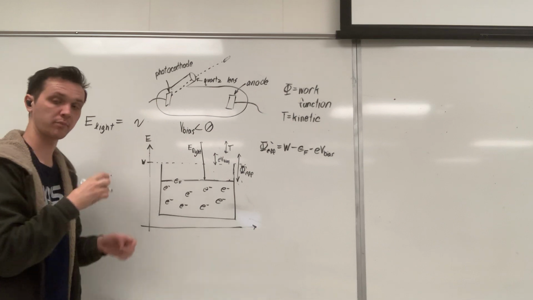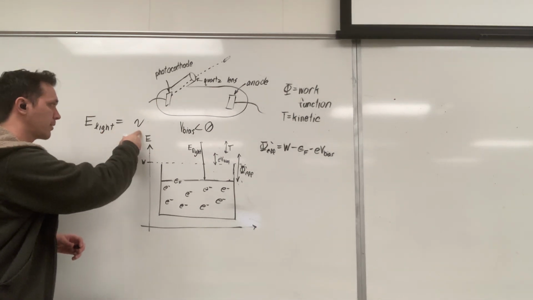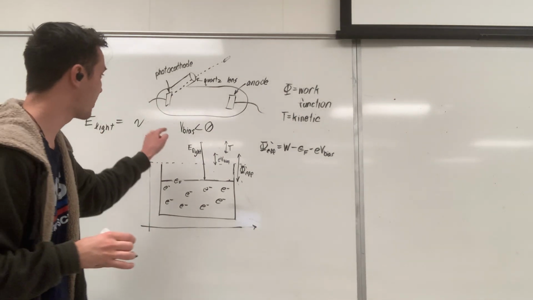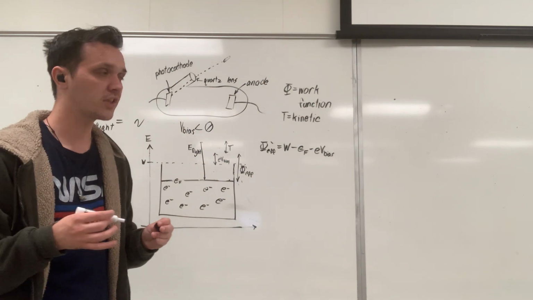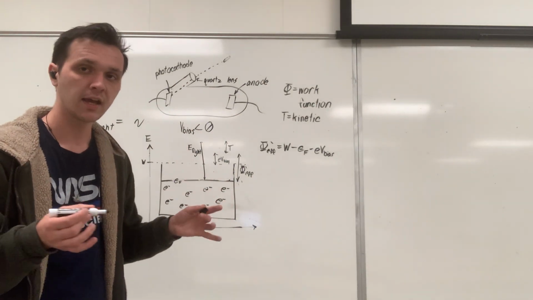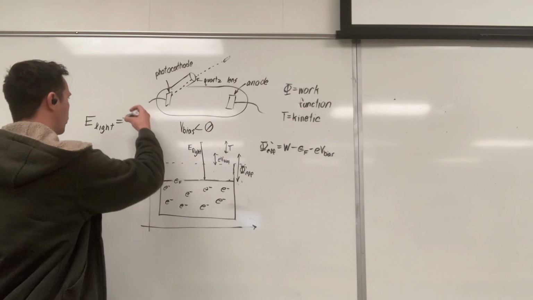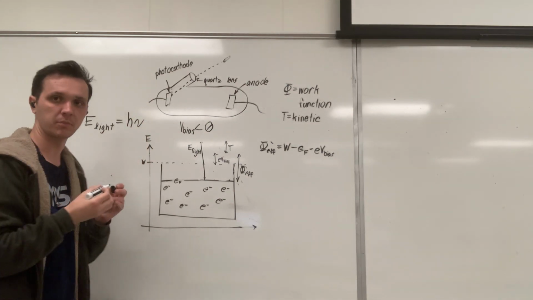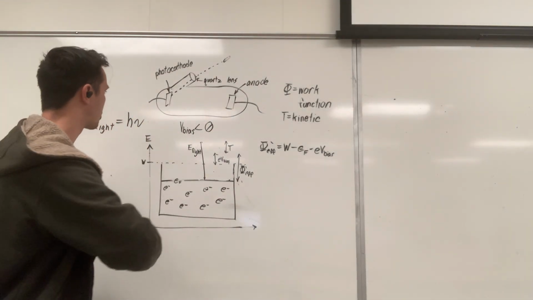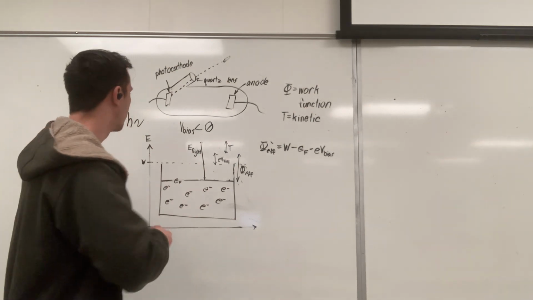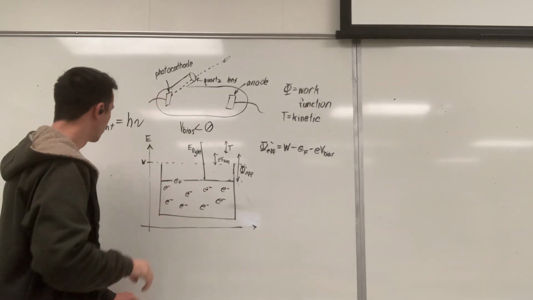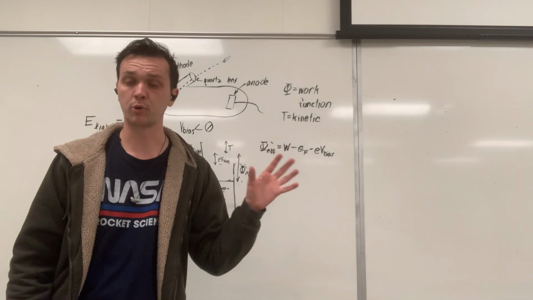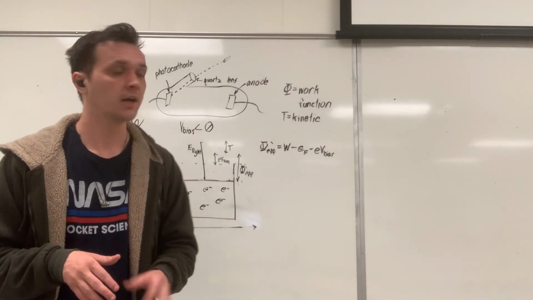I'm using nu here to represent frequency. It doesn't depend on the amplitude of the light, in other words, the intensity. It depends only on the frequency with the introduction of some constant, which he called h. So there's some proportionality constant to make the units work, but the energy of light is proportional only to the frequency.